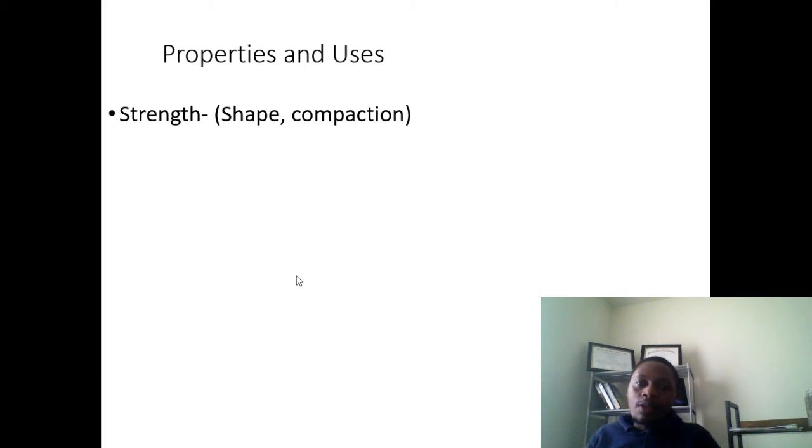So the spherical aggregates have a very small surface area to volume ratio, which means that they have a very small surface area which is exposed to one another. And therefore, if you had spherical aggregates, it means they will have many voids in between them. If you have less contact to one another, you have many voids.